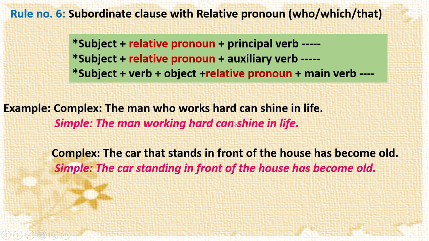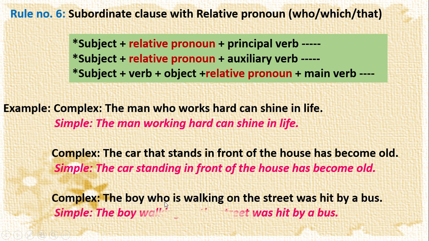Now we will see the example with the auxiliary verb. The boy who is walking on the street was hit by a bus. Here the simple will be the boy walking on the street was hit by a bus. We just omit the relative pronoun and auxiliary verb here.